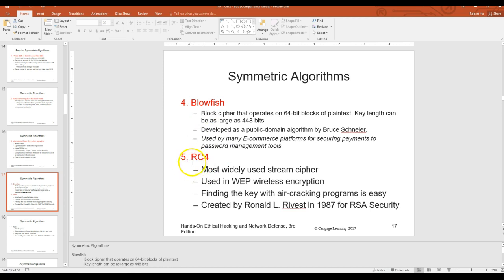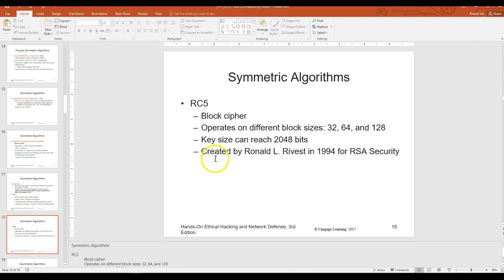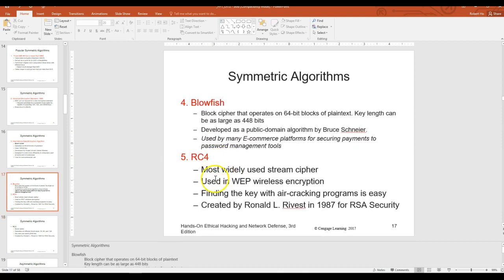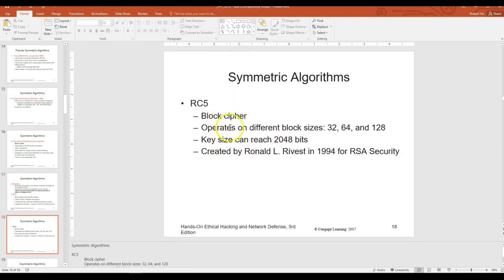We have the fifth one and the sixth one, which are RC4 and RC5, all right? RC5 is newer. This also runs as a block cipher, operating on different block sizes, 32, 64, and 128 bits, okay? No, that's the block size. The key size is 2048 bits. It was created by Ronald Rivest, right? This is quite popular.